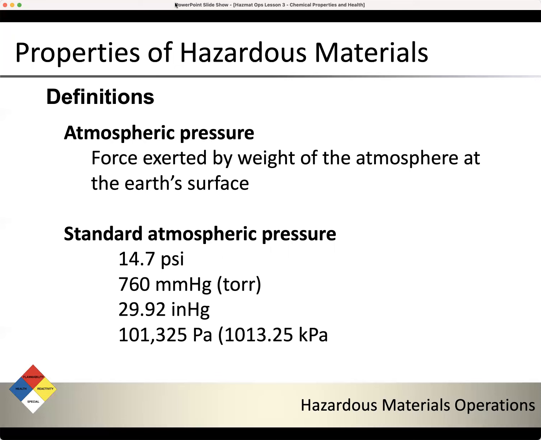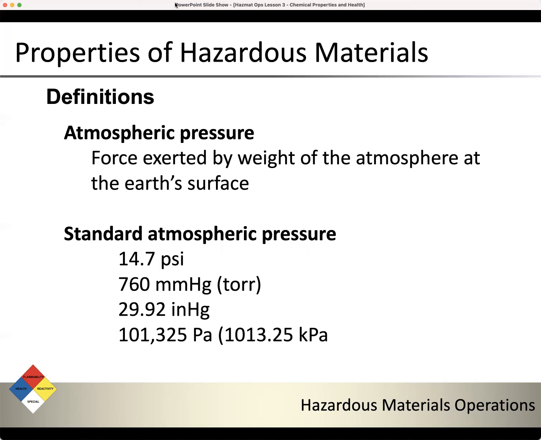We live at about 450, 500 feet above sea level, so our atmospheric pressure is a little bit less than standard. Can't tell you what it is exactly, and it does fluctuate. But take these as an average, or at least a line to which you can compare vapor pressures.